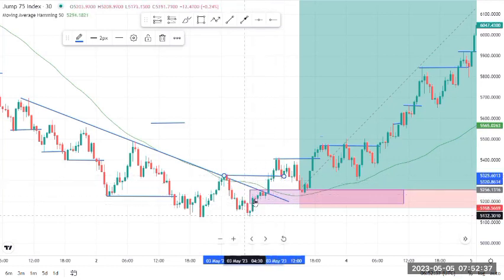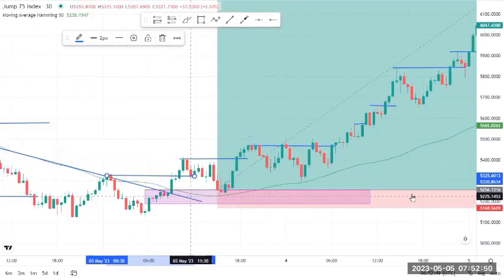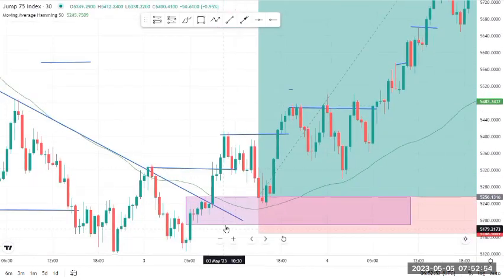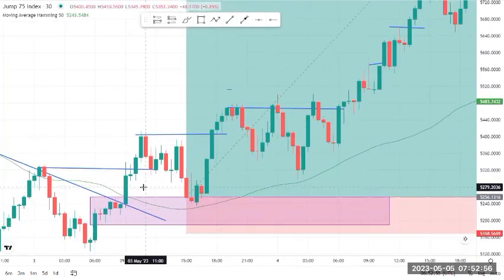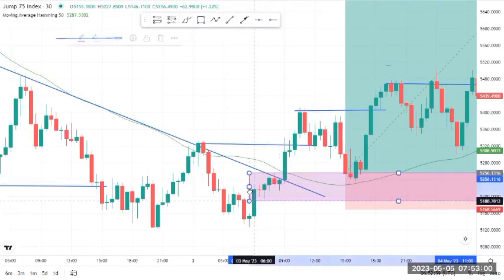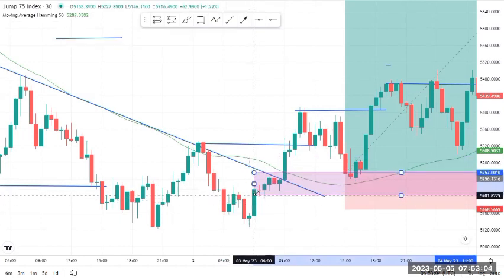And here is where I see my demand zone. Okay, this is my demand zone. And you can see this red candle here, let me make it more visible. This red candle here is our order block. This is our order block.